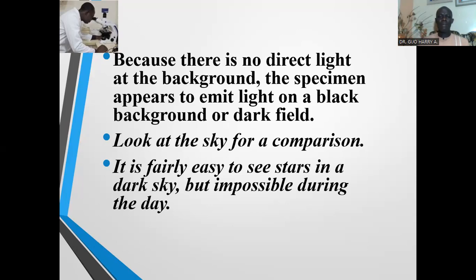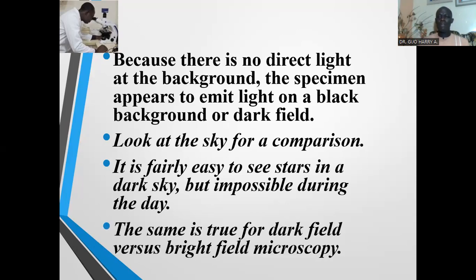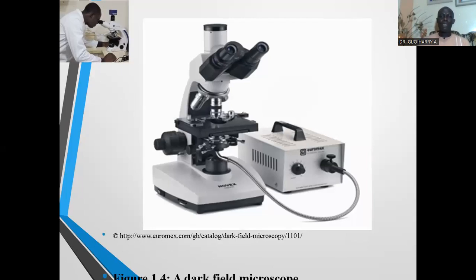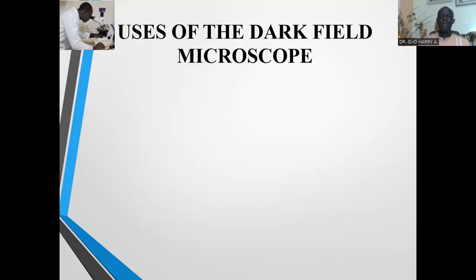That's how some microorganisms are. So microorganisms cannot be seen with the bright field. It's by making the field dark that they can also be visible. So that's the purpose that the dark field microscope achieves, to make organisms that cannot easily be seen with the bright field microscope visible. Now I want to look at the uses of the dark field microscope.